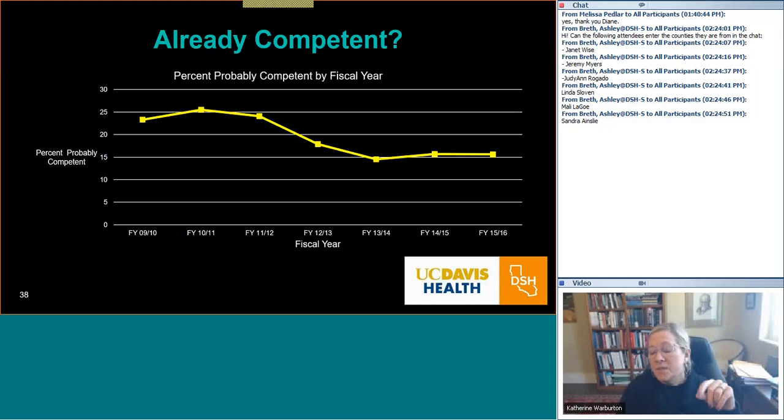We also used this to indirectly get at one of the early questions, which was, is this explosion in IST referrals related to methamphetamine use? And our hypothesis is that if that were true, we would see the number of people coming in as probably competent go up, because what happens with individuals who commit a crime when they have a methamphetamine-induced psychotic illness is they usually clear up in jail before they come to us.